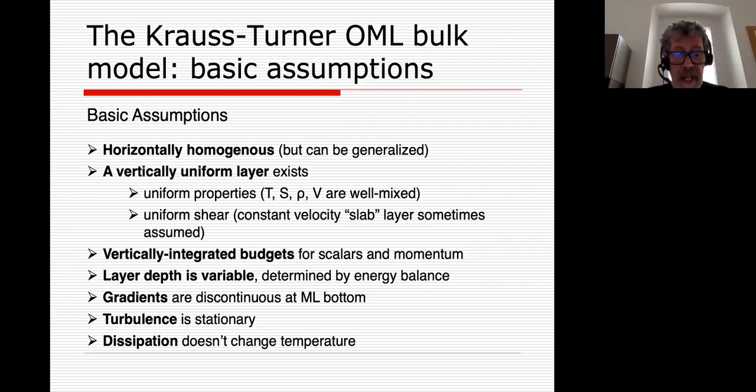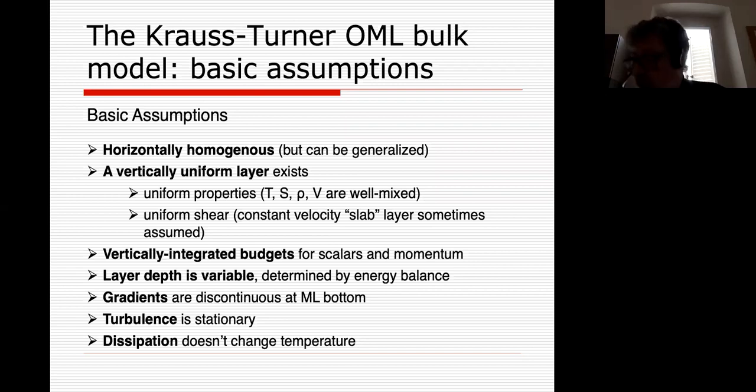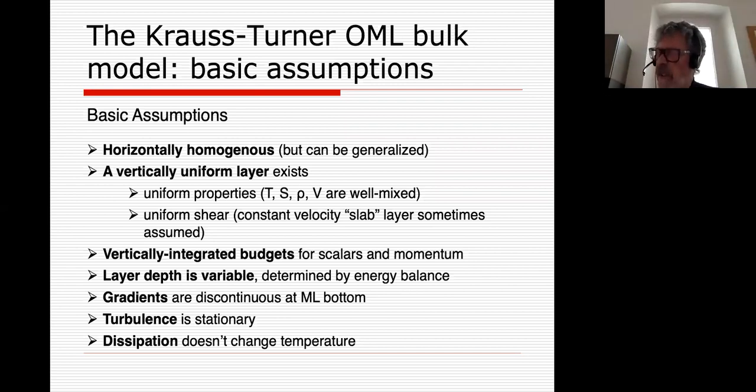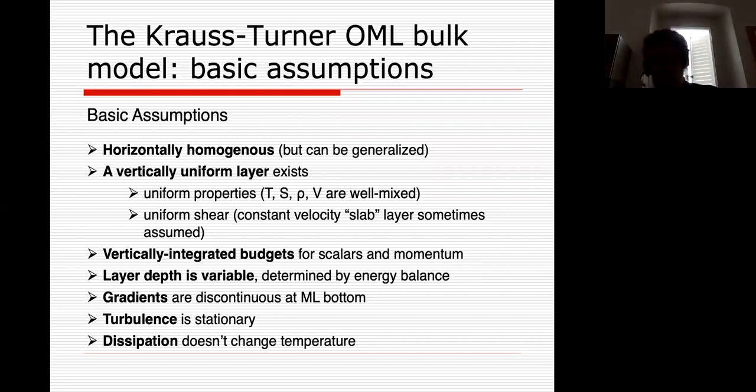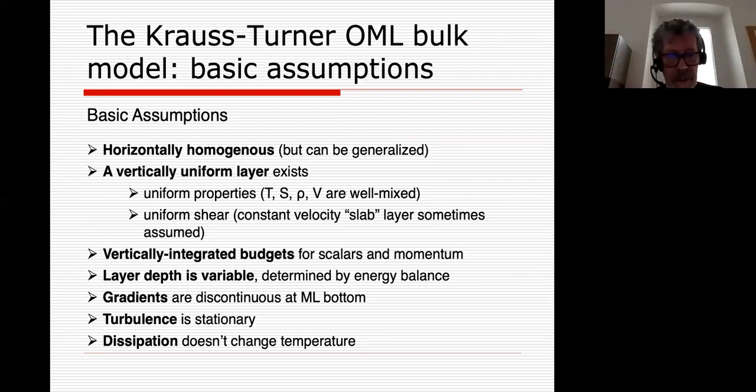But we can allow a variability of this slab depth, and also the temperature associated to the slab can change according to the exchange with the atmosphere in terms of heat fluxes and also in terms of entrainment of the thermal properties of the entrained water at the bottom of the layer.